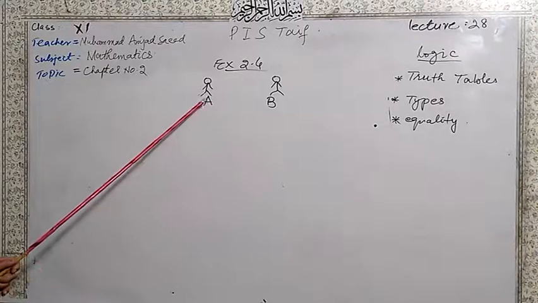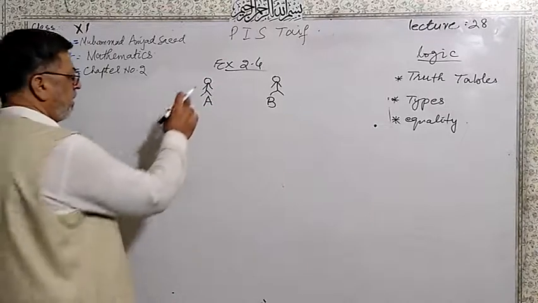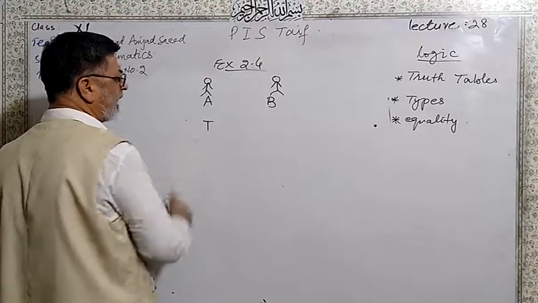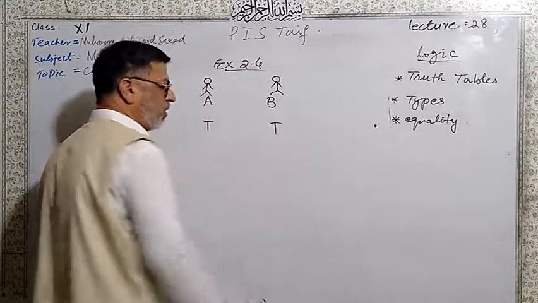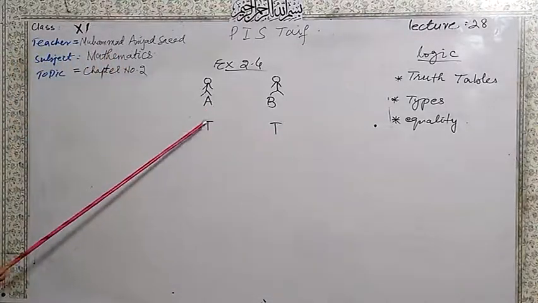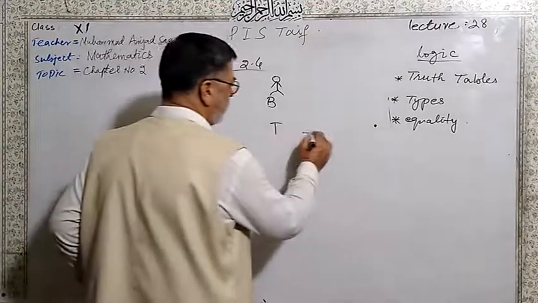We want to make the logic between different actions. True means you are at home and your friend is also at home. If you want to meet him, you go to your friend and you can meet.